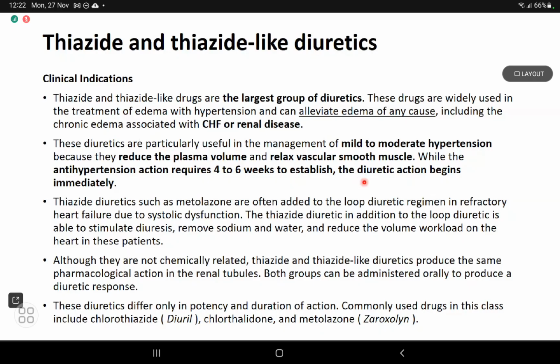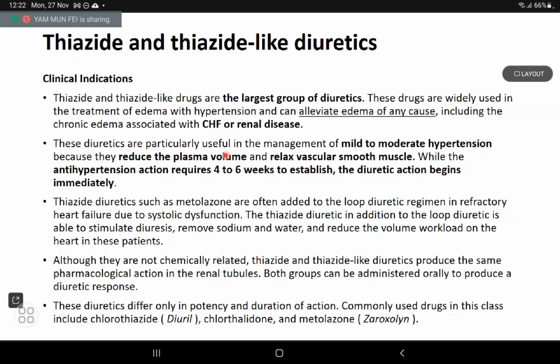So one more thing you need to remember is that the hypertension actions require 4 to 6 weeks to establish, meaning that even though today you give the drug and it shows you the diuretic actions, meaning that you have diuresis, your blood pressure is still not able to reduce. Why? Because your body is going to compensate for the condition and overcome it.